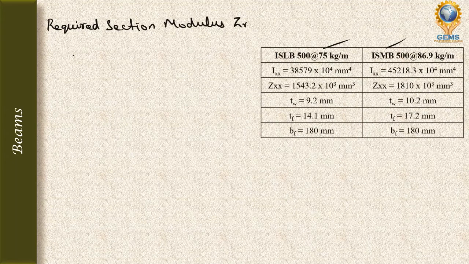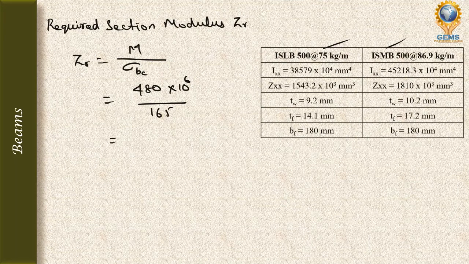So the formula is ZR is equal to bending moment divided by sigma BC. So that is 480 into 10 to the power 6 divided by 165. So it comes as 2909.09 into 10 to the power 3 mm cubed.